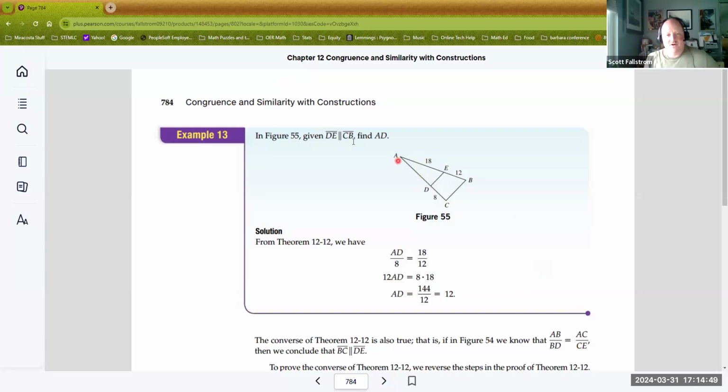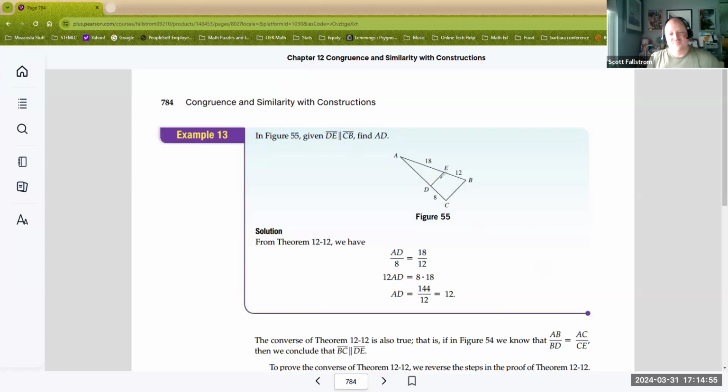And let's see here. So here we are. Let's say it says, given that these are parallel, and just remember, if they are parallel, then corresponding angles are congruent. If corresponding angles are congruent, then the triangles are similar, right? If they're similar, the sides have to be proportionate, and we get a whole bunch of beautiful pieces here.